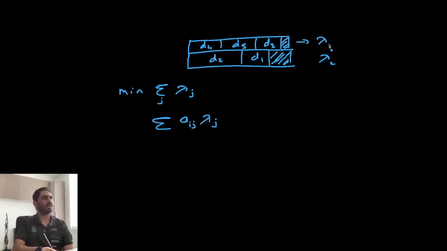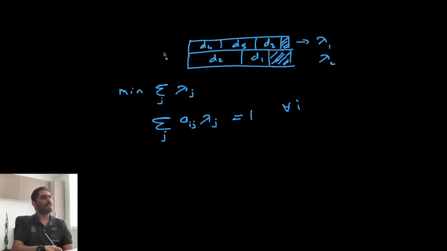If we have this variable as lambda1, then for i equal to 4, 5 and 3, a41 will be 1, a51 will be 1, a31 will be 1, but a21 will be equal to 0. So this denotes whether the item is present in my pattern or not, and I have to cover it. So I will sum over all possible patterns, and that should be equal to 1, and this should be true for all i.